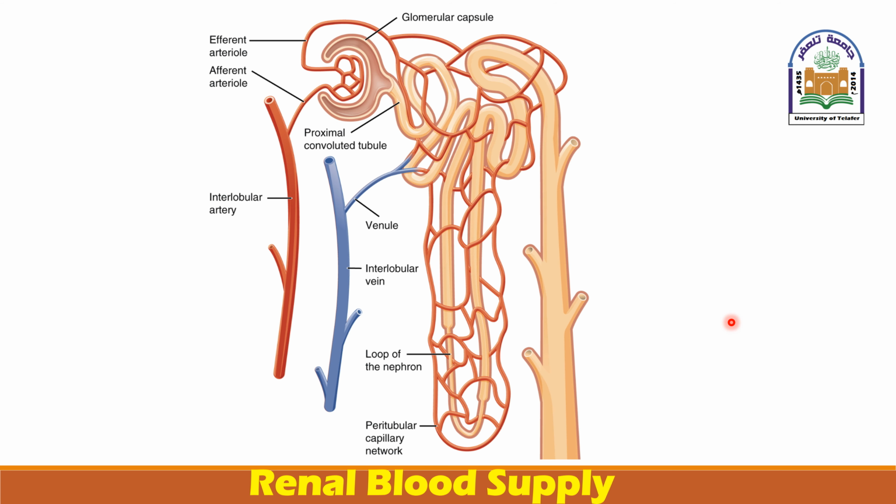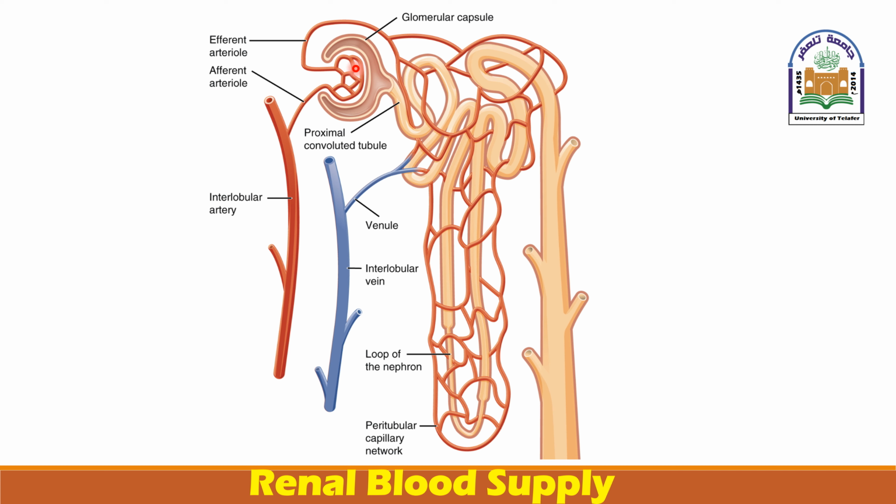Here is some explanation. Look, this is the interlobular artery, which gives rise to what are known as afferent arterioles. The afferent arterioles enter the glomerulus to form the glomerular capillary.